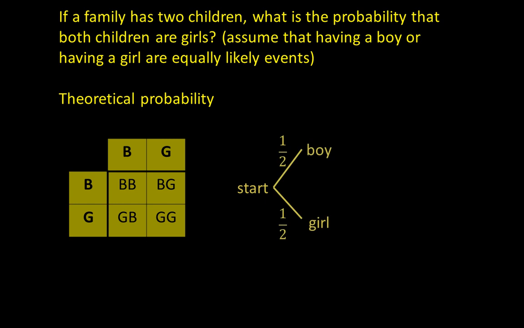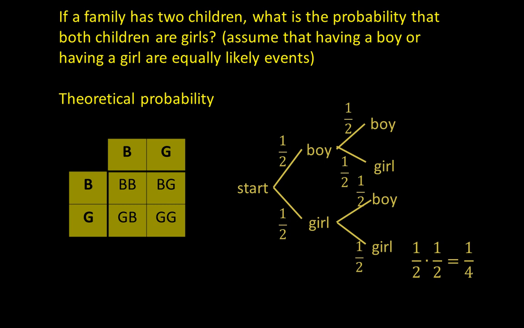We've also talked about making a tree diagram and including the probabilities in the tree diagram to determine the probability that both children are girls, which in this case would be 1/2 times 1/2 or 1/4. So we can see that in the table, we can see that in the tree, but these are theoretical probabilities.